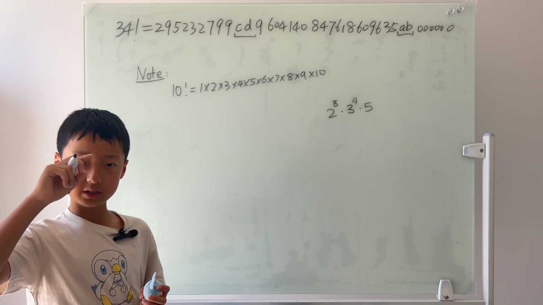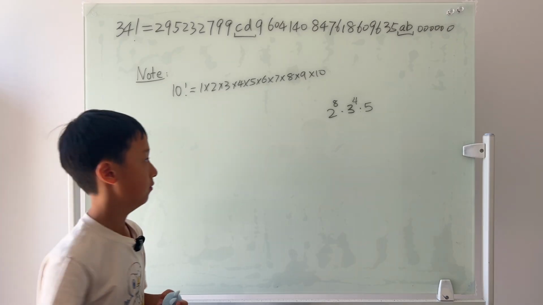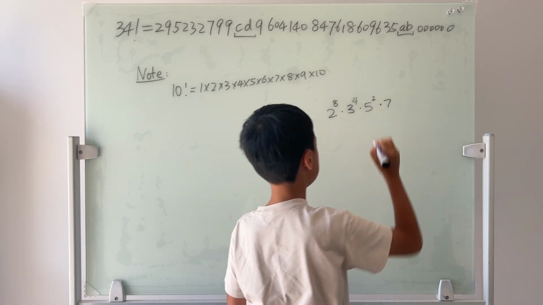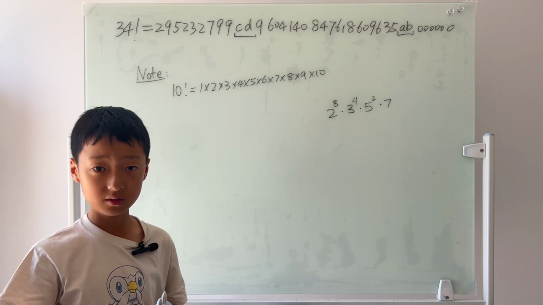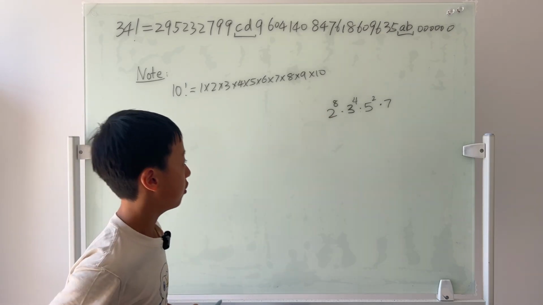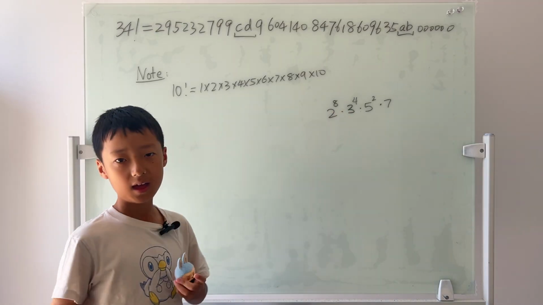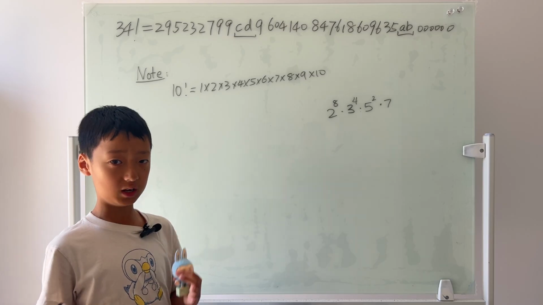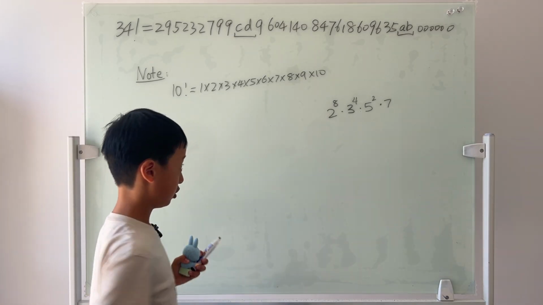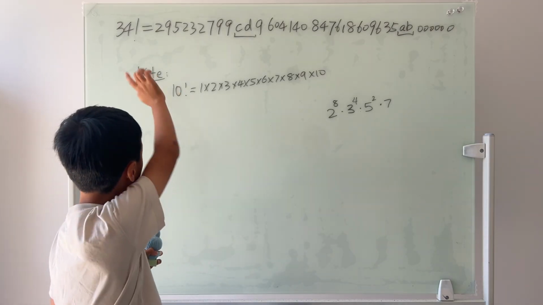The floor of 10 over 5, which is a whole number, 2, and that's all. 7 to the power of 1, 13, 0, so the rest is gone. So this is our prime decomposition of 10 factorial. And you can verify this on your own. You can ask ChatGPT or something that this is the prime decomposition. Well, now we will go back to the real question.